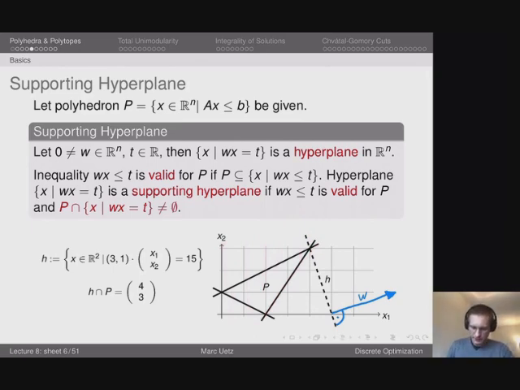Now in this picture here, the supporting hyperplane intersects with the polytope at the singleton point here, right? So the intersection of the hyperplane with the polytope is the point 4, 3. And this intersection of a supporting hyperplane with a polytope, that also deserves a name. That is what we call a face of the polytope. Okay, and that we do for any supporting hyperplane of the polytope.